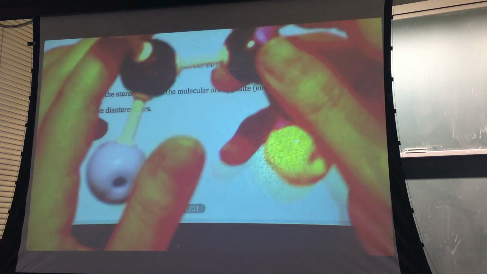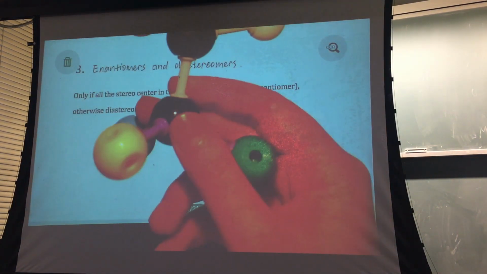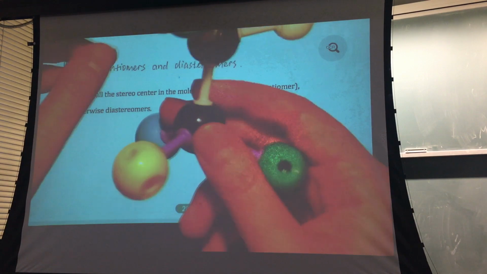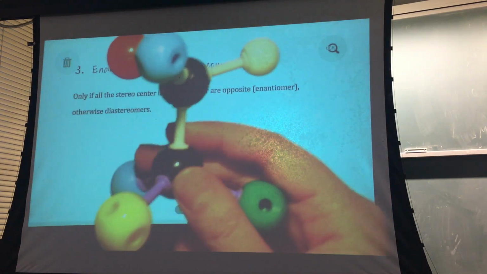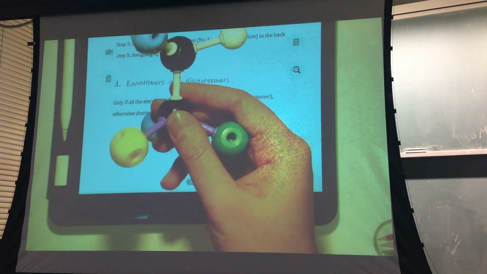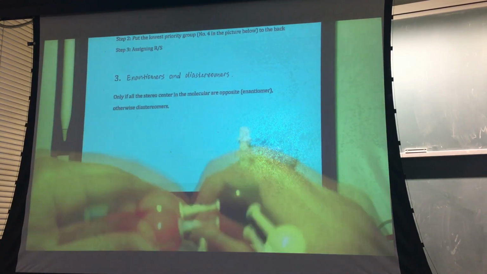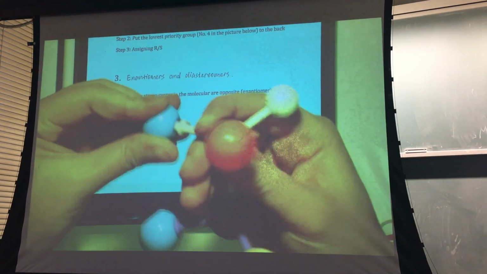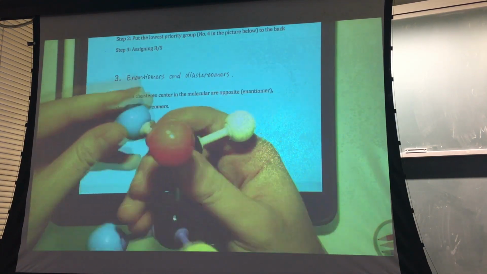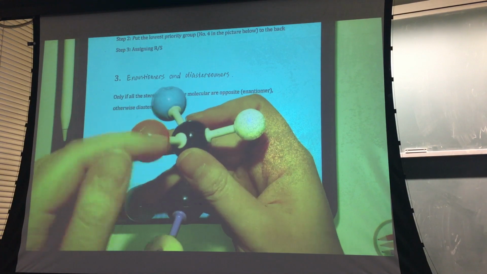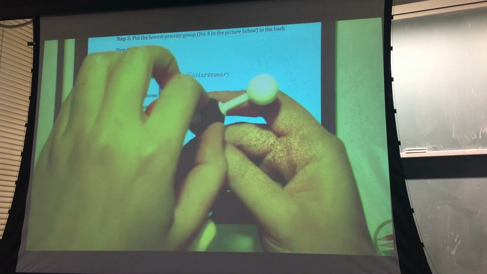If I'm going to use models, enantiomers means you have this one, zoom out maybe. Okay, you have this one, which looks like this. And then if I swap the blue and the orange, it's going to be its enantiomer because I definitely change the R/S of this carbon, right?